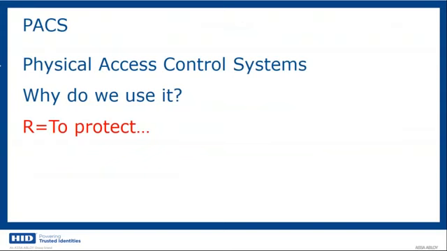So maybe some of you have heard or seen this word a lot, PACS. PACS is physical access control system, and why do we need this kind of system in our facilities? Well, the answer is to protect. But what do we need to protect? So first, all of this kind of equipment was designed in order to protect people.